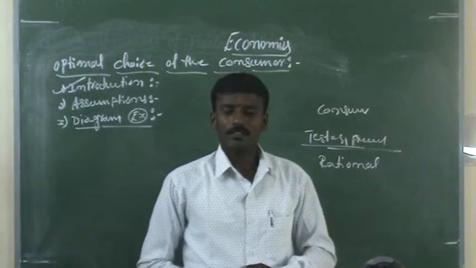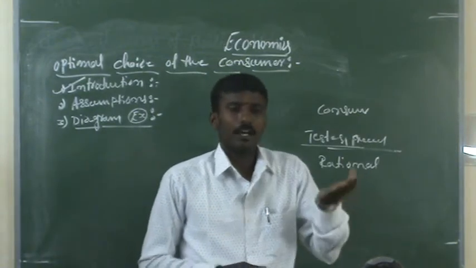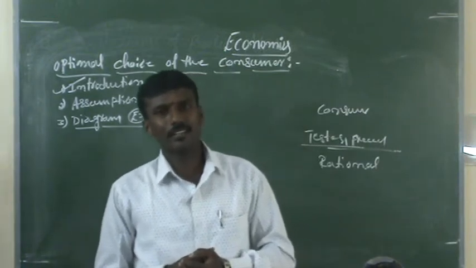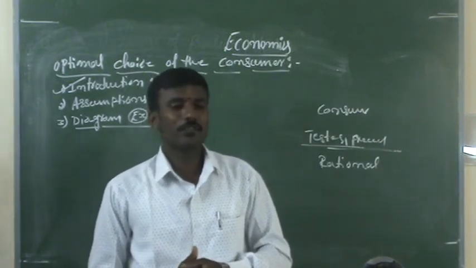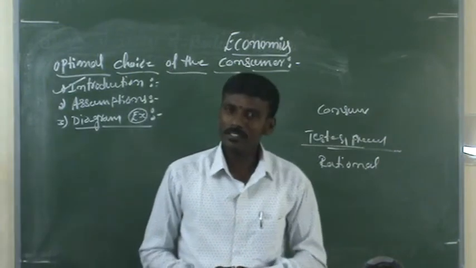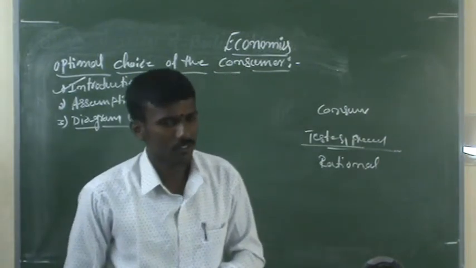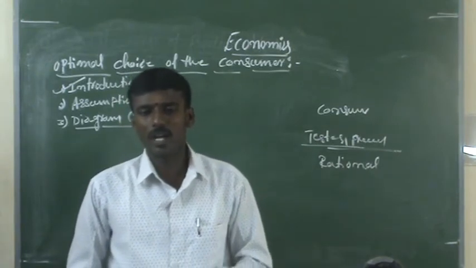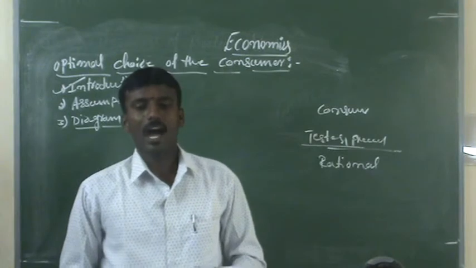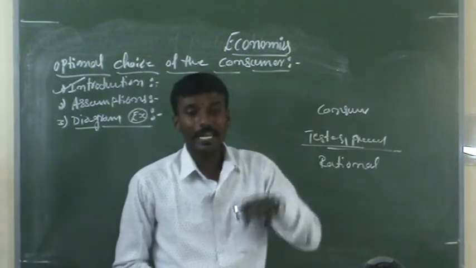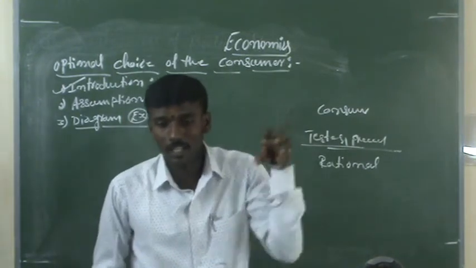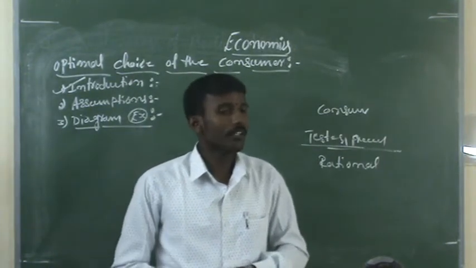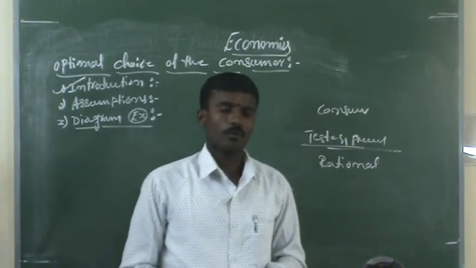See students, once again I repeat, already in the earlier classes we studied, we discussed the concept of indifference curve analysis. ಔದಾಸೀನ್ಯ ವಕ್ರರೇಖೆಗಳ ವಿಶ್ಲೇಷಣೆ ಅಂತ ಏನ್ ಕರಿತೇವೆ, ಆ ಔದಾಸೀನ್ಯ ವಕ್ರರೇಖೆಗಳ ವಿಶ್ಲೇಷಣೆ ಅಂತಕ್ಕಂಥದ್ದನ್ನು ಕೂಡ ಈಗಾಗಲೇ ನಾವು ಸ್ಟಡಿ ಮಾಡಿದೀವಿ. And also this indifference curve depicts the choice and the priority of the consumer. See what I'm saying?